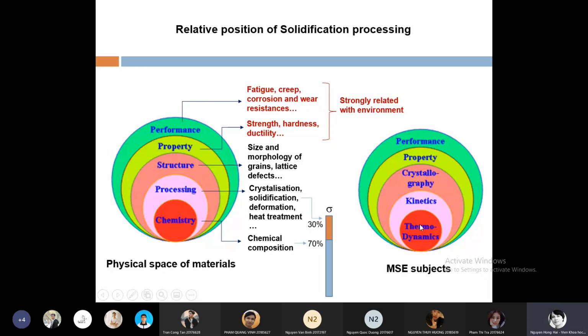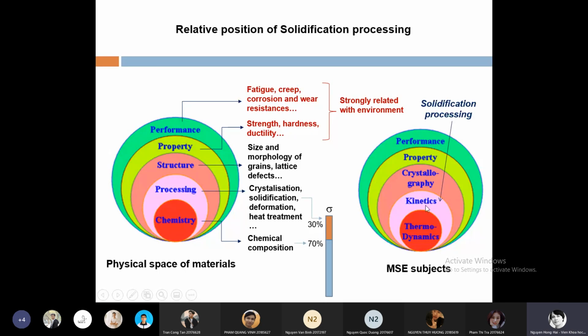Okay. Also 5 cycles. So we have thermodynamics corresponding to the chemistry, kinetics, crystallography, properties and performances. You have some subjects of materials science and engineering corresponding to the physical space of material. And our course, where is our course?